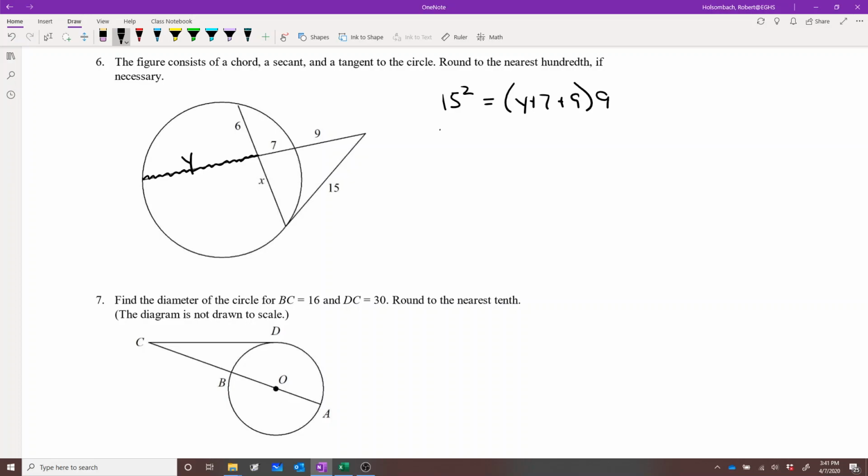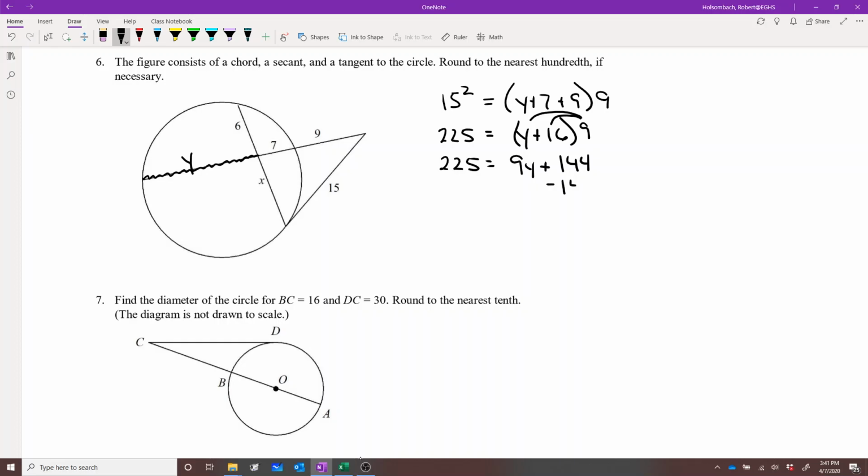So 15 squared is 225, and that's equal to y plus 16 times 9. So when we distribute this 9, our 225 is equal to 9y plus 144.